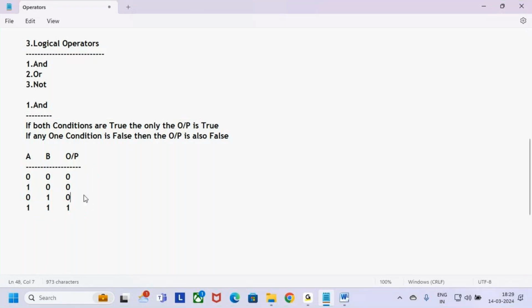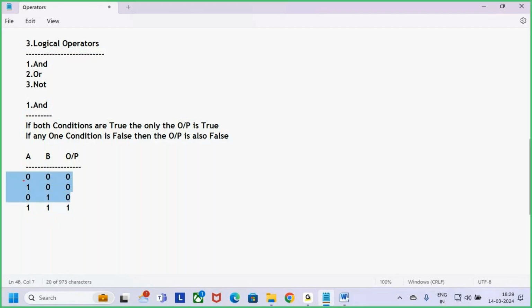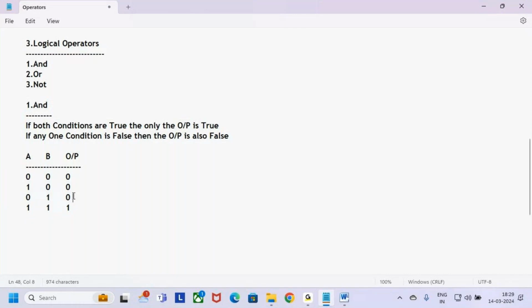So in simple, how to understand here is in the AND operator, when we get the output as true means whatever the conditions you are defining, if all the conditions are true, then only the output is true. Remaining cases, anywhere if one of the conditions is false, then the output is also false. So this is the functionality of the AND logical operator.